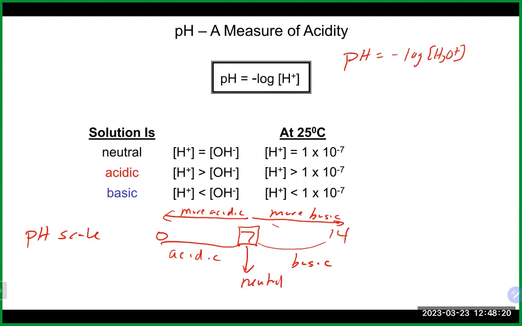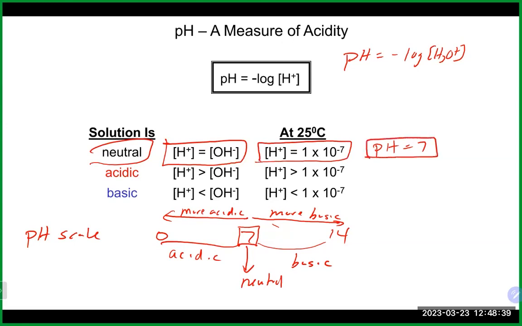Again, if we calculate the pH, that's usually what we use to figure out if it's acidic, basic, or neutral. A pH of 7 is neutral because exactly those concentrations are equal to each other, and if you put that into the pH equation, that is what you get for 7. So that there is no misunderstanding, we're going to roll with exactly 7 is neutral.